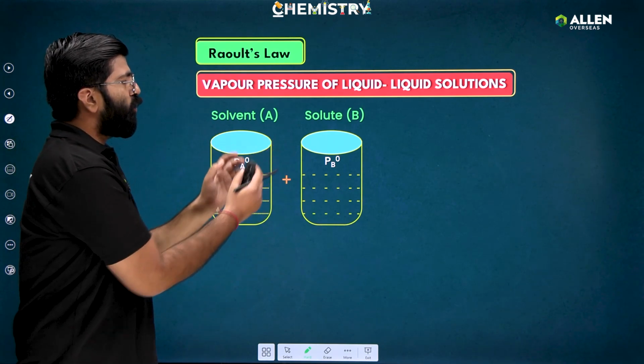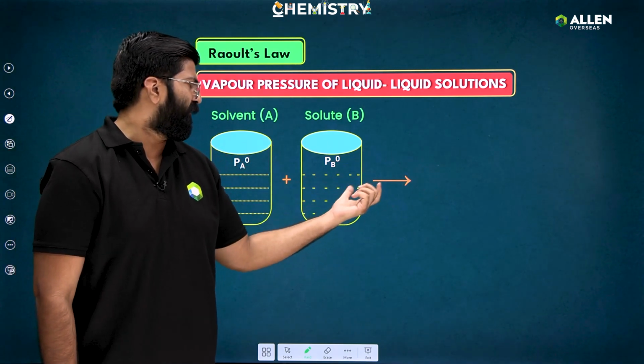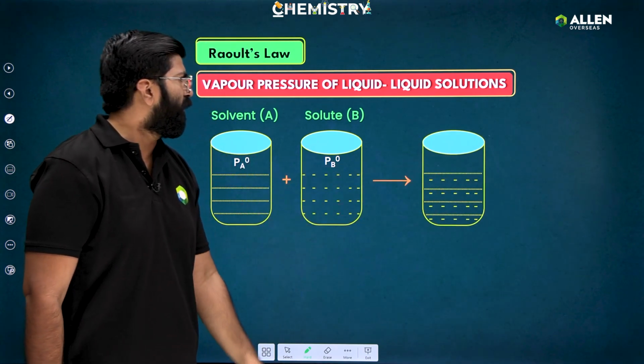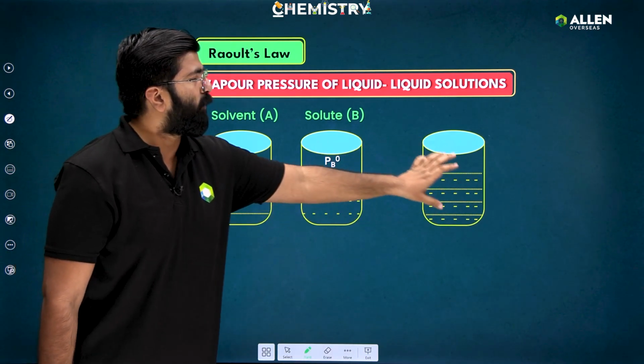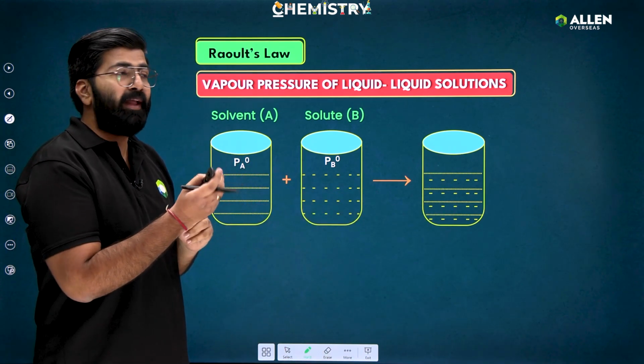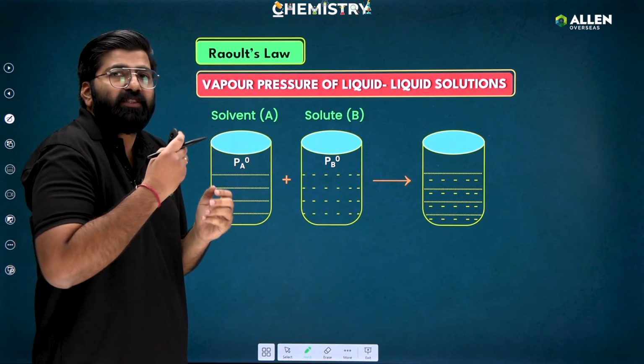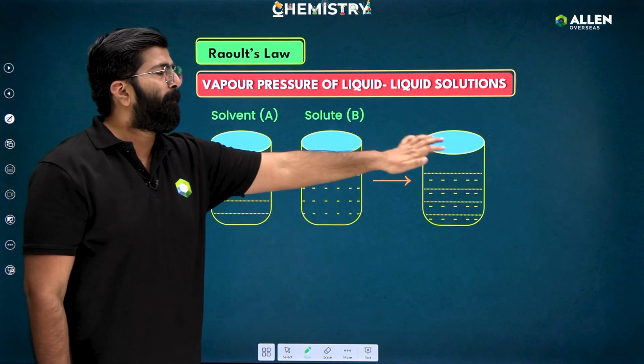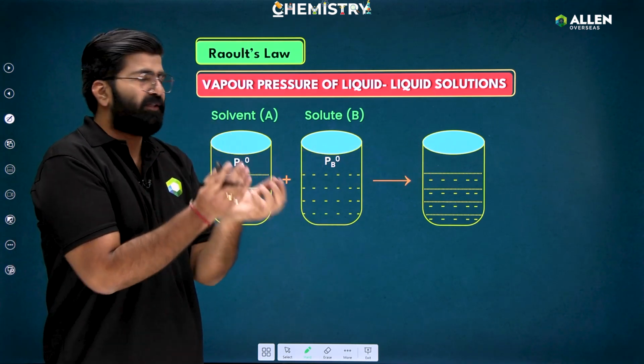Now I mix these two liquids and transfer them to this new container, where both liquids are there. Both of these liquids are going to produce their vapor, and those vapors are going to exert some pressure. That will be the total pressure of this solution.